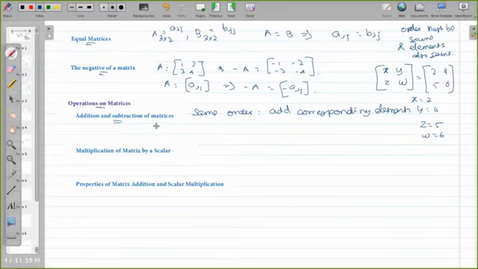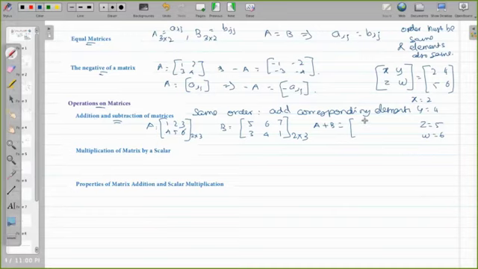So for example, if I take the matrix A as 1, 2, 3, 4, 5, 6, you know what order it is? It is 2 by 3. Now I am taking the matrix B. It is 5, 6, 7, 3, 4, 1. This is also 2 by 3. If it is a different order, it's not possible to add. So your A plus B is 1 plus 5.